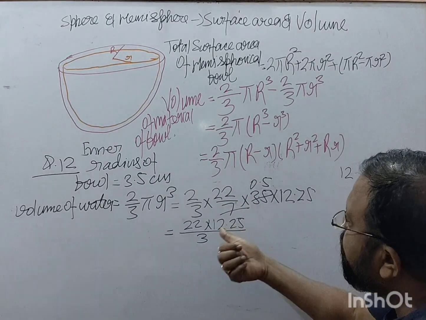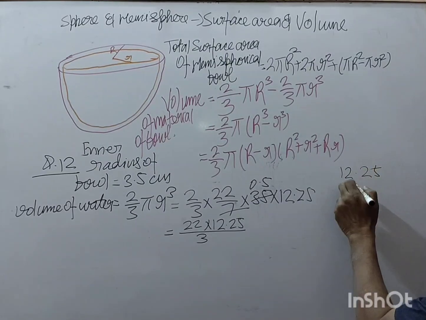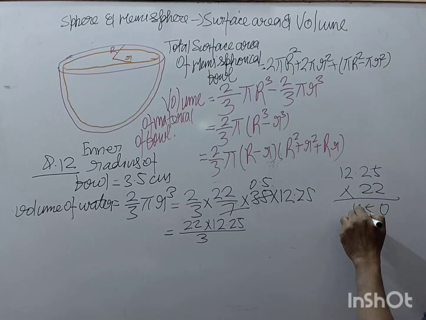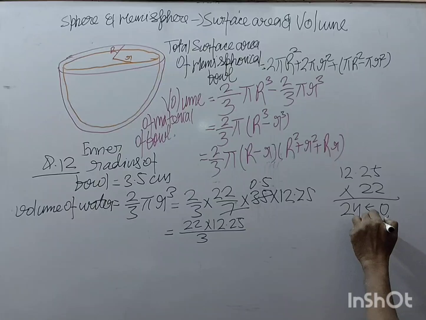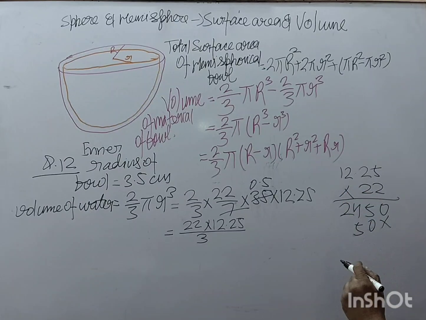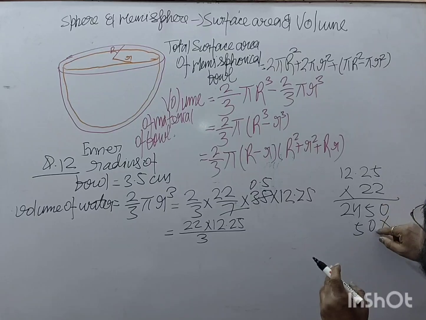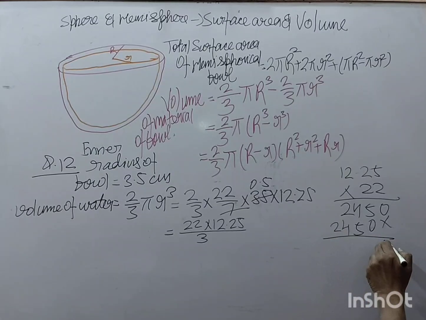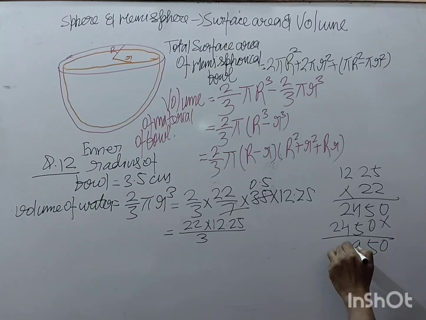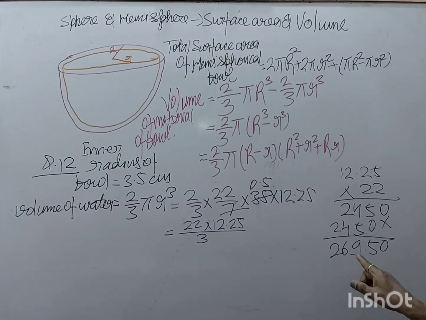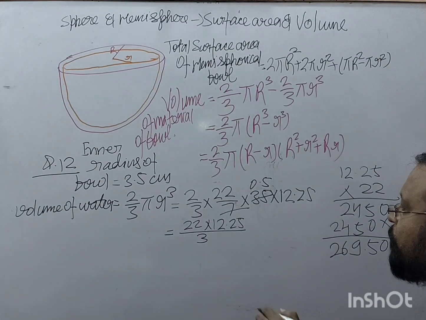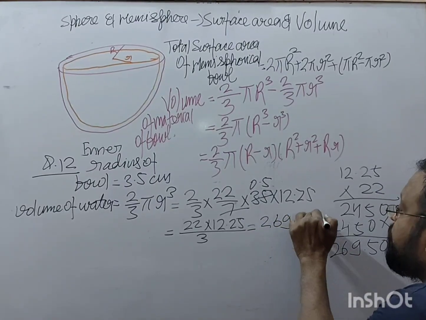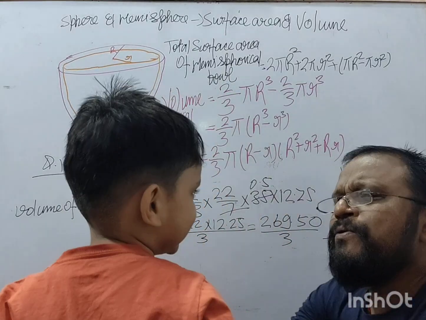And this is 12.25 into 22. This is 269.50 divided by 3.